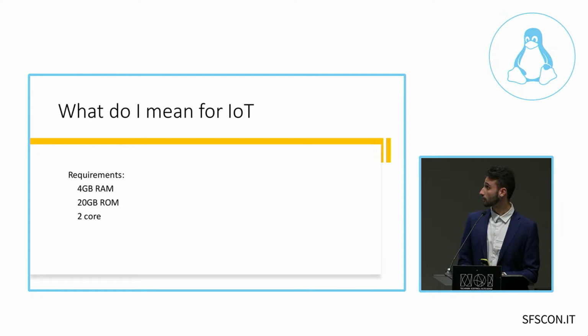And in this presentation, I consider an IoT device to be every device that has at least 4 GB of RAM, 20 GB of storage, and 2 cores, because they are fundamental for the master node of the Kubernetes cluster. An easy rule to remember the minimum requirements for a device is to try to run Linux, and if it runs, almost certainly it's a device that can run in IoT.